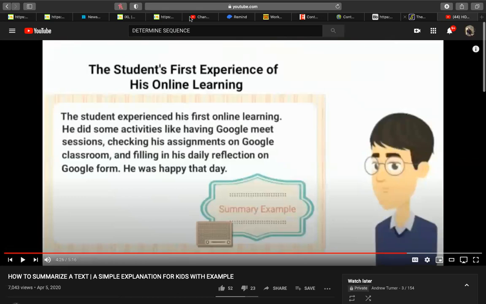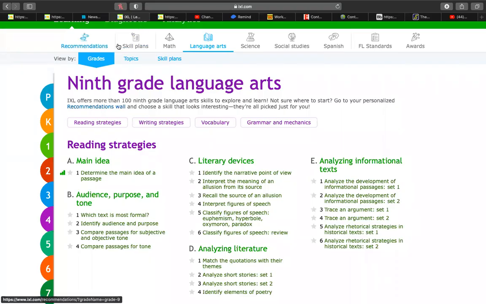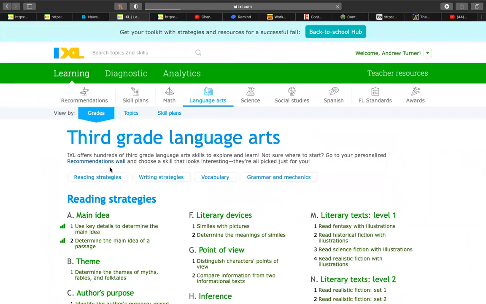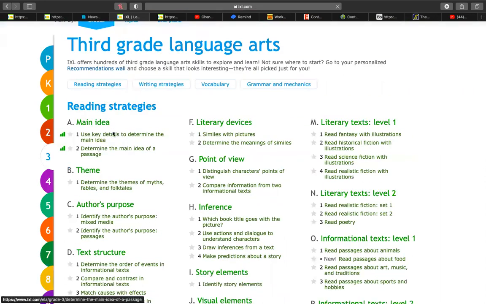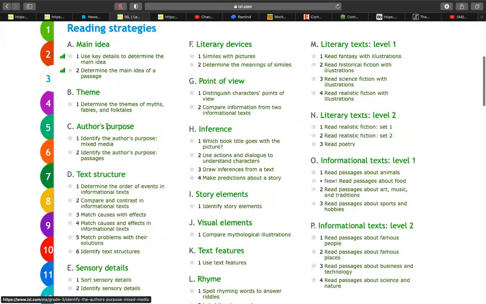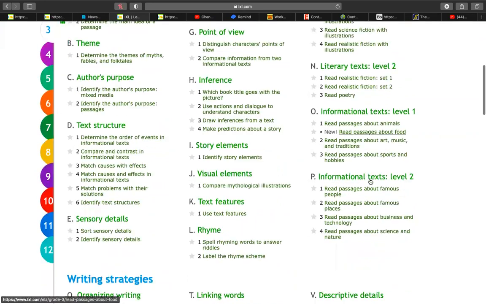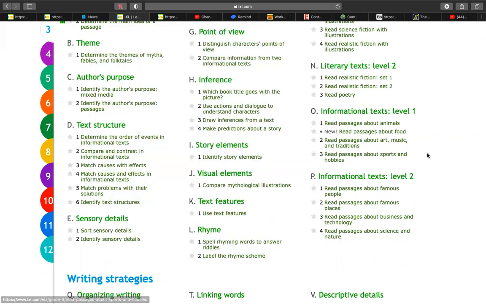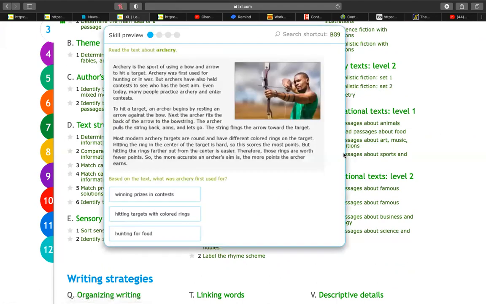All right, so I'm going to switch gears to third grade, I think. We looked at main ideas and details. What I want you to look at, maybe starting third through fifth, is informational text, because the bulk of what you're going to read, whether that be science, social studies, or language arts, is going to be informational text.